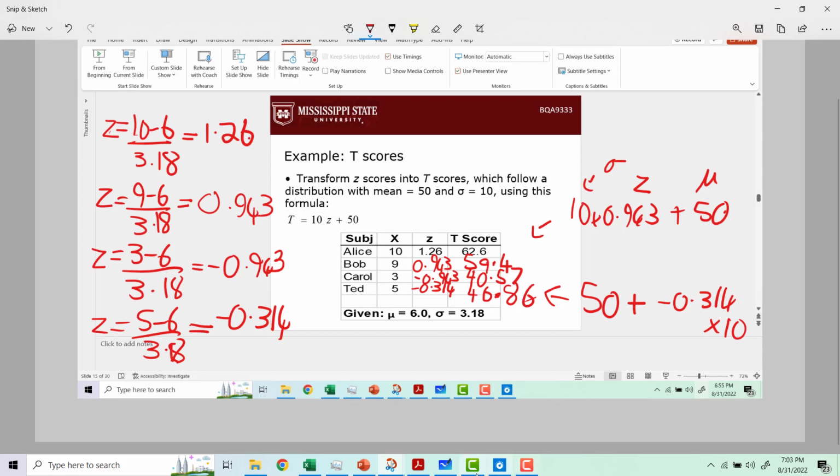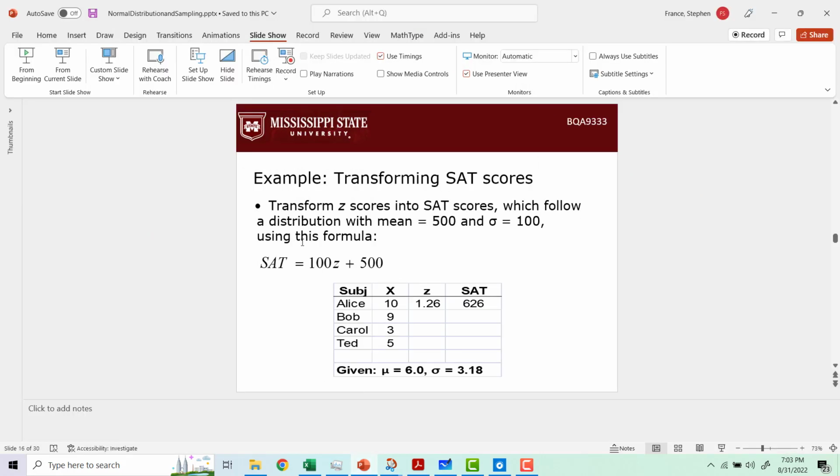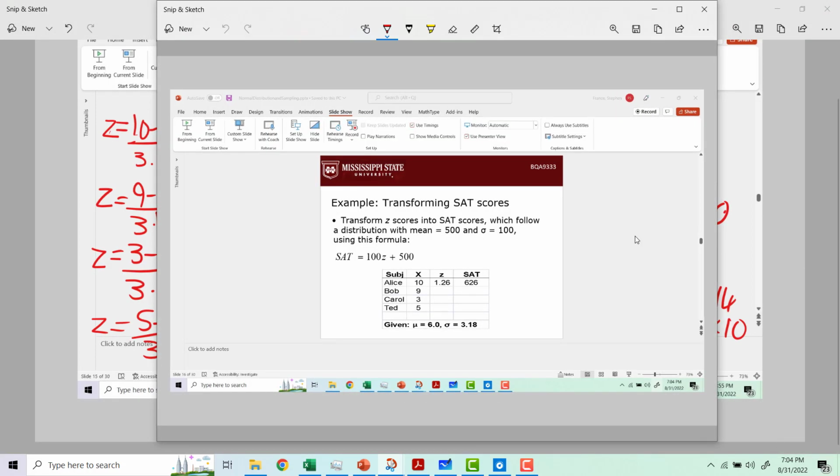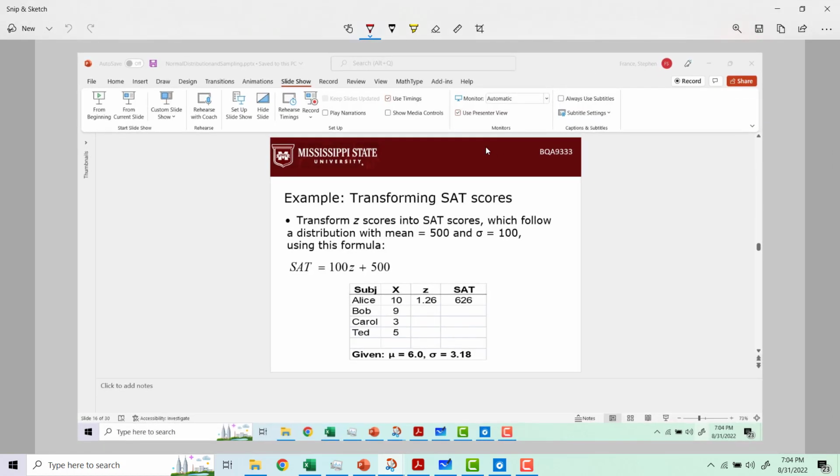Okay, and we have a very similar example next, which is basically just transforming, doing the same, but with SAT scores. This time they have a mean of 500 and a standard deviation of 100. So let's quickly work through this. There's a shortcut to this. Let's write down the z-scores. This is exactly the same data, so we don't have to calculate the z-scores again.